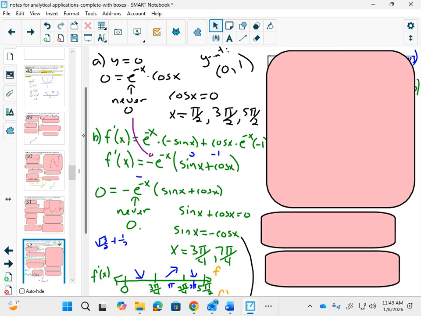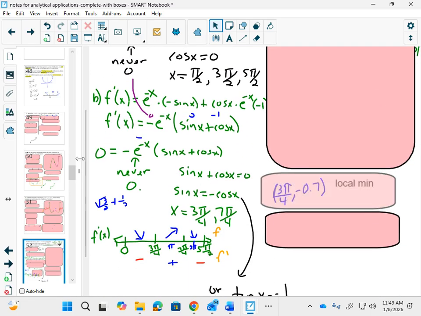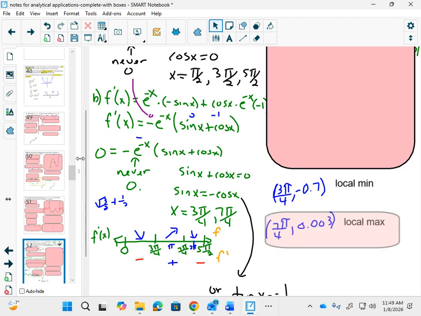This question was also labeled as a calculator because plugging in these values to get those answers would not be easy without a calculator. Does anybody know e to the negative 3 pi over 4 in their head? I know a couple of these.